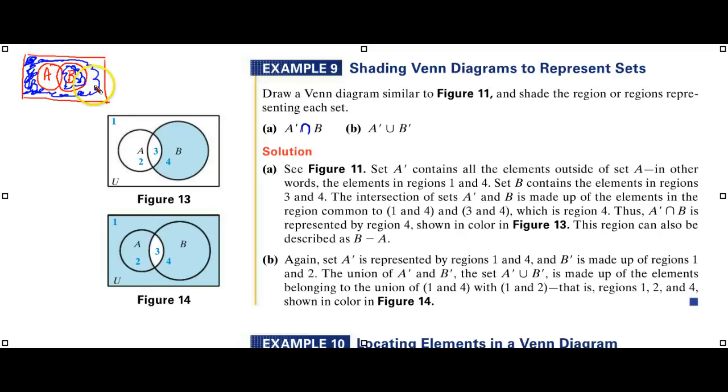This is the complement of A. Now we're looking for an intersection with B. So I have now added B as green, but we want just the intersection. That is where the blue and the green are found together. Well, for that we would have to take out this little portion right in there, as we see in this illustration.